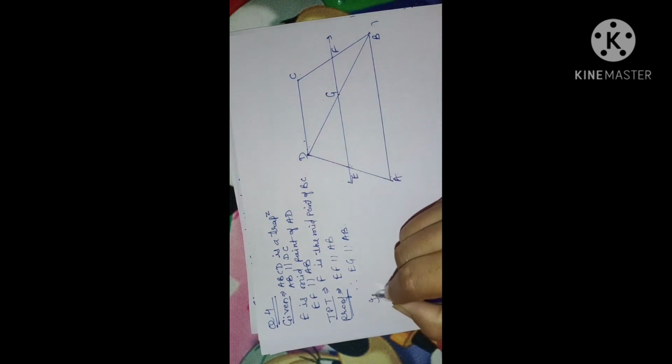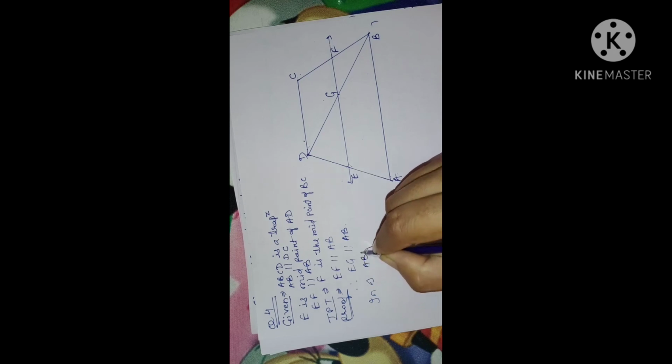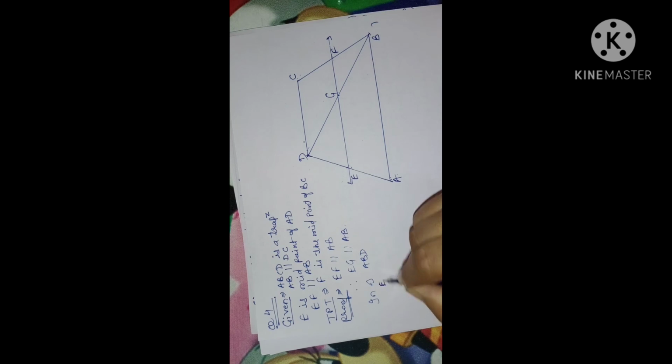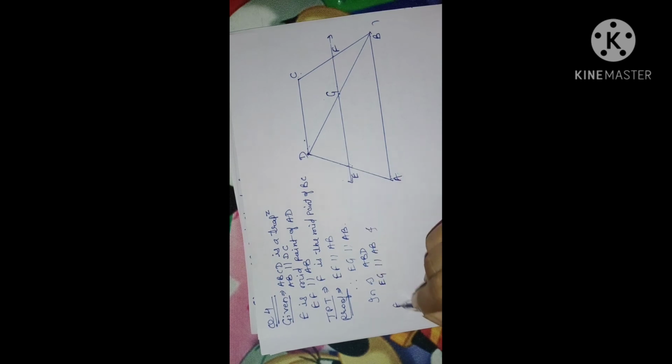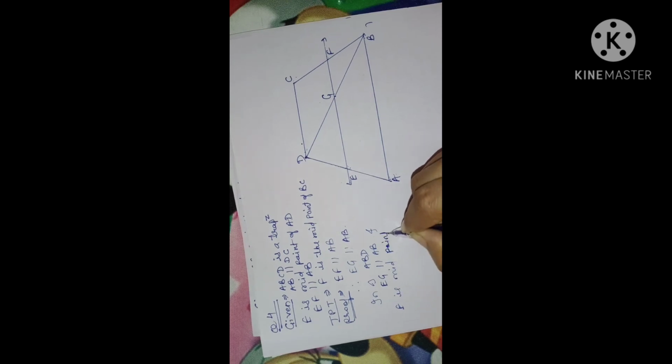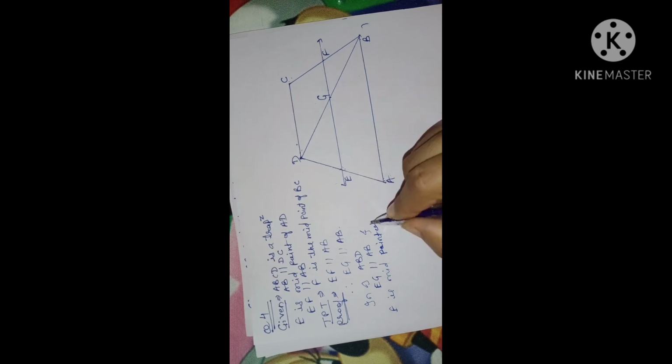Now, we'll consider triangle ABD. Here, EG parallel to AB and E is midpoint of AD. Correct?